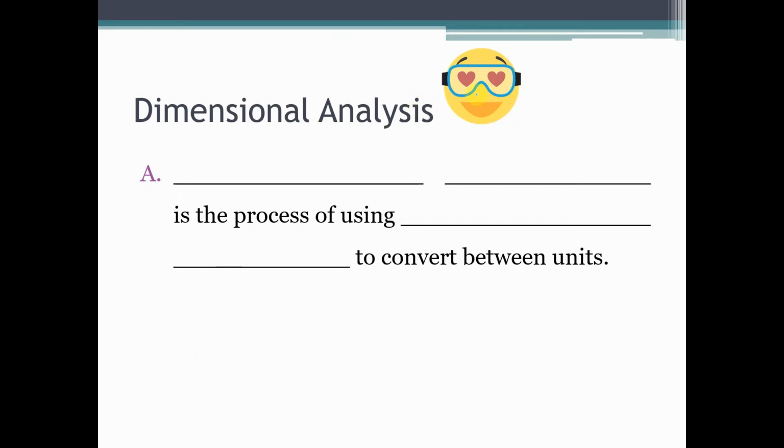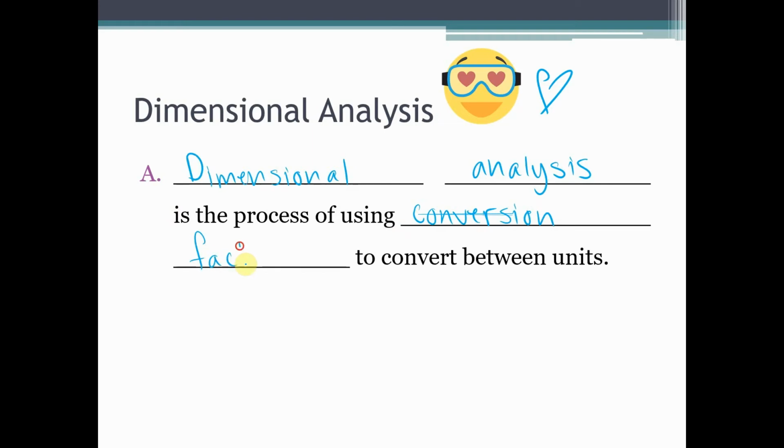Dimensional analysis is another all-year skill. So our chemistry friend is really excited about this because it's going to make him a much better chemist. It's going to make it easier for him to do chemistry math all year. What is dimensional analysis? Well, dimensional analysis is the process of using conversion factors, those fractions, to convert between units.